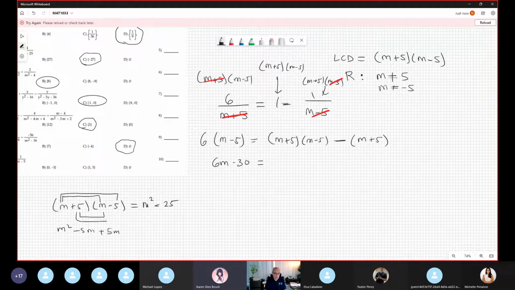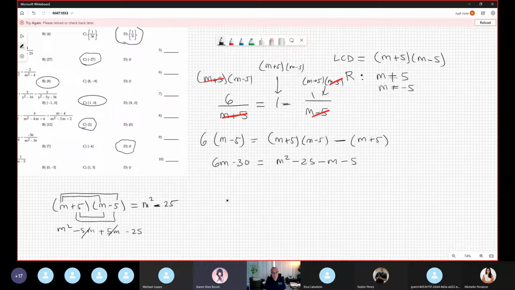And positive 5 times negative 5 is negative 25. It always happens in this kind of problem. The middle parts cancel and stay m squared minus 25. Exactly like that. I did it quickly because I know this is a special case. This is m squared minus 25 minus m minus 5.